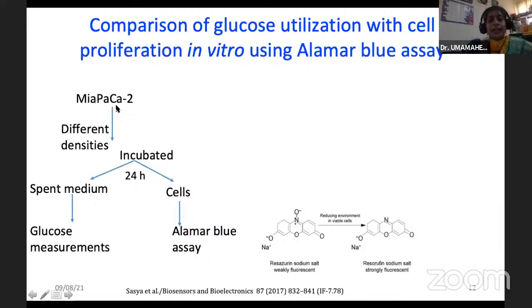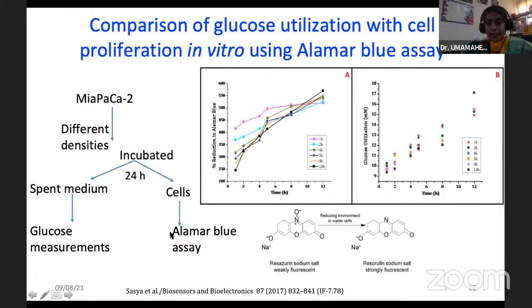And then in the same set of cells, we also performed the Alamar Blue assay, which is an optical, dye-based assay, where we are able to see the strongly fluorescent resorufin that is formed as a result of the enzyme that is present there.